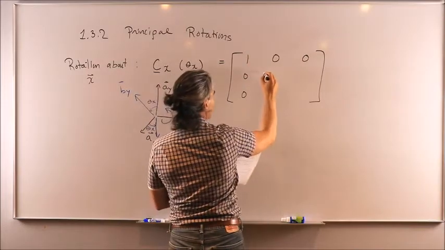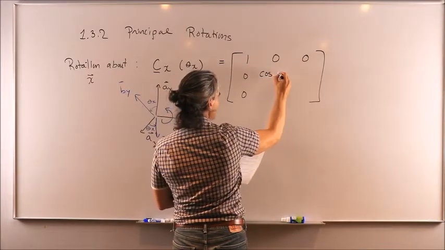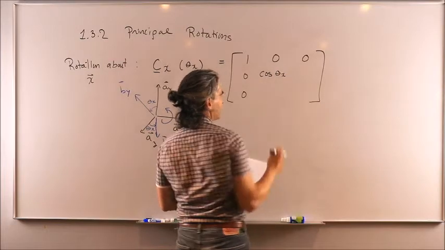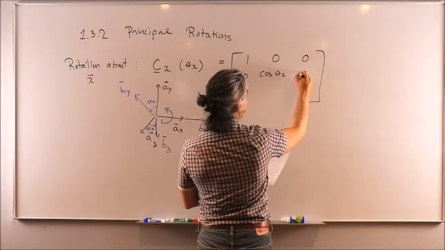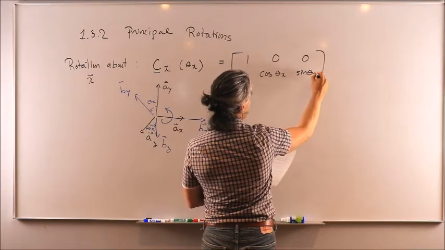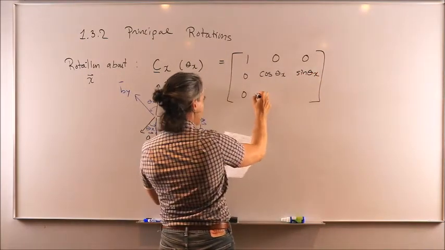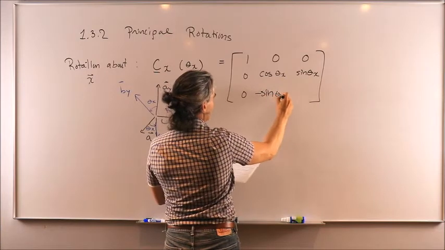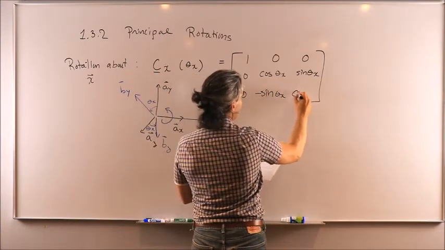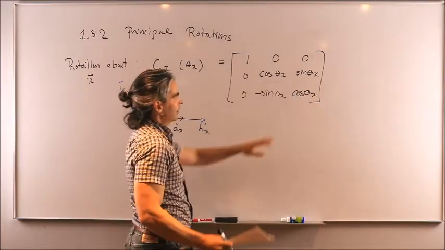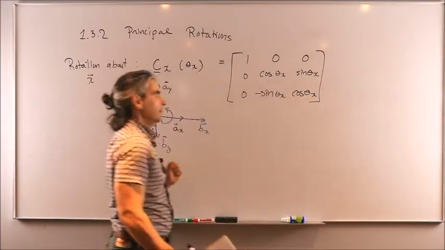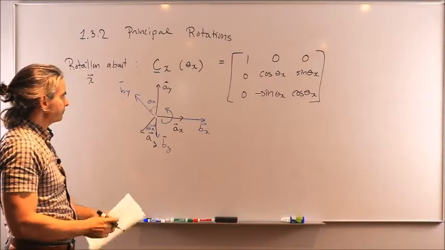And then you have cos of the angle of rotation about that axis. Here you have sine of this angle of rotation, and here you have minus sine of that angle, and finally cos of the angle of rotation in this position of the 3x3 rotation matrix, okay?